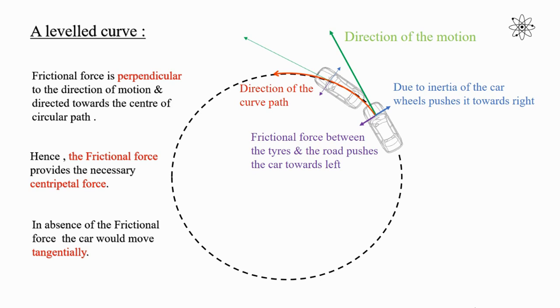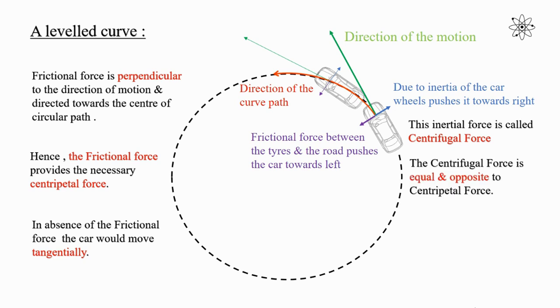Now let's discuss more about the inertial force. The force which pushes the car towards the left as the car takes a turn on the left side is known as the centrifugal force. The centrifugal force is equal and opposite to the centripetal force. But note down, students, the centrifugal force is not a balancing force of the centripetal force.